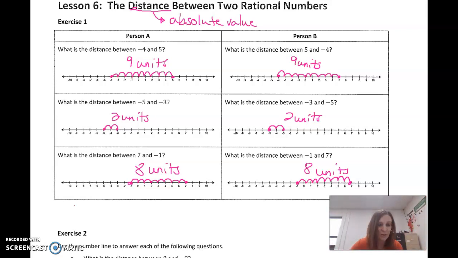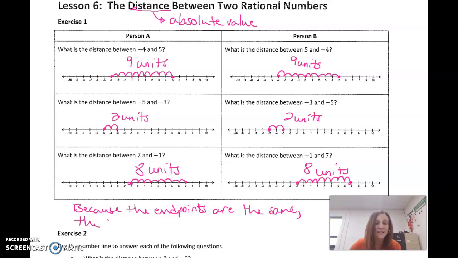So we're going to make a little statement down here. Because the endpoints, -4 and 5, because the endpoints are the same, the distance between them is the same.